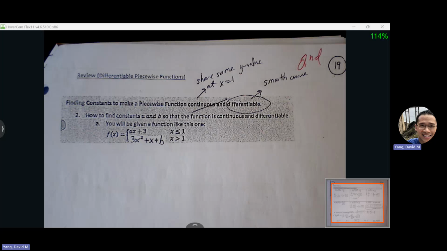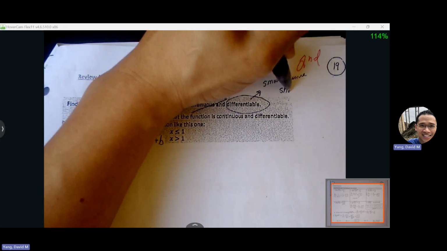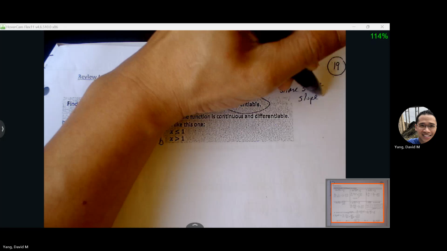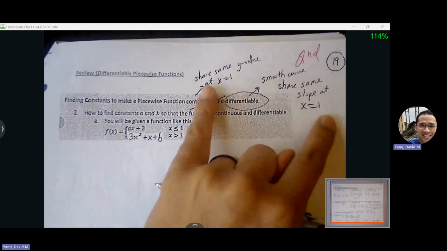The end of this graph is going to share the same slope as the beginning of the other graph, so that there's not going to be any sharp turns. So that means they must share the same slope at x equals 1. Those are the key points there.